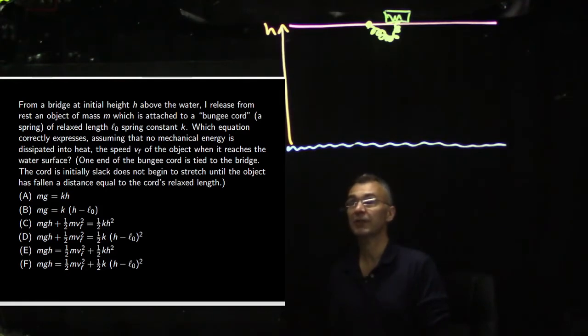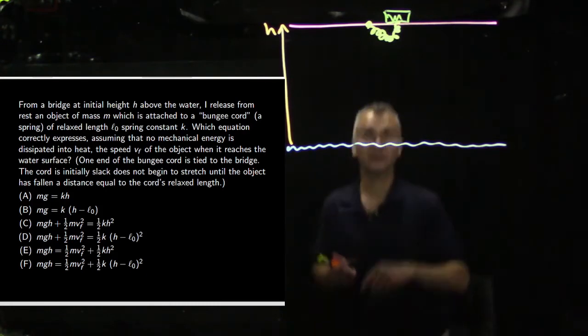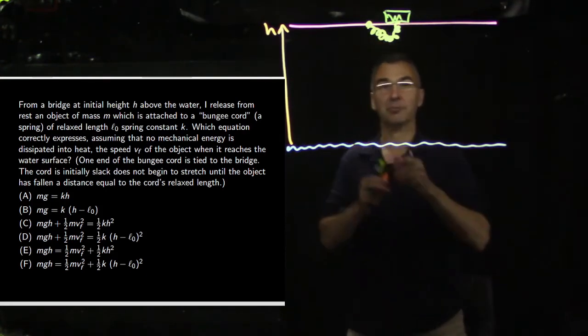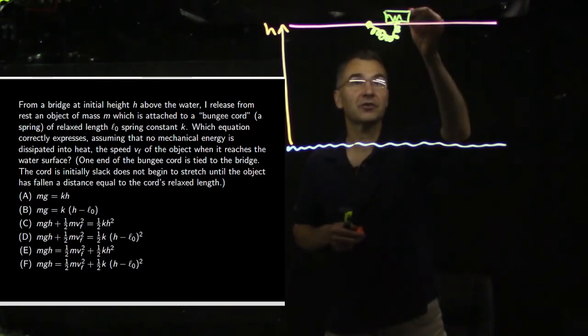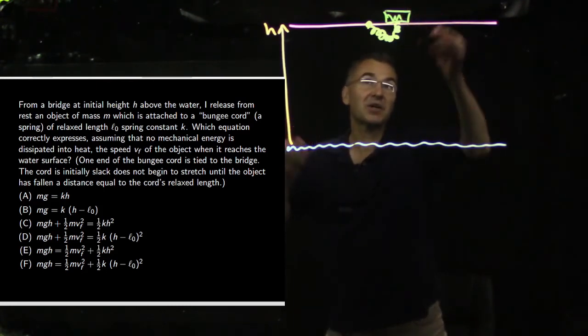Okay, so one end of the bungee cord is tied to the bridge. So the cord is initially slack and does not begin to stretch until the object has fallen a distance equal to the cord's relaxed length. So here's the cord all bunched up. And then the idea is, okay, so the person, the mass m, jumps.